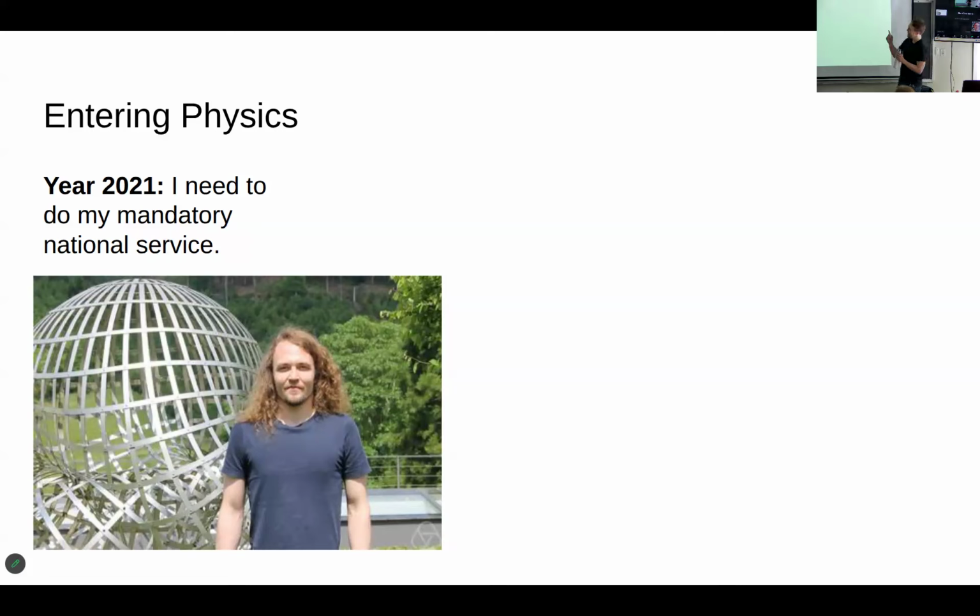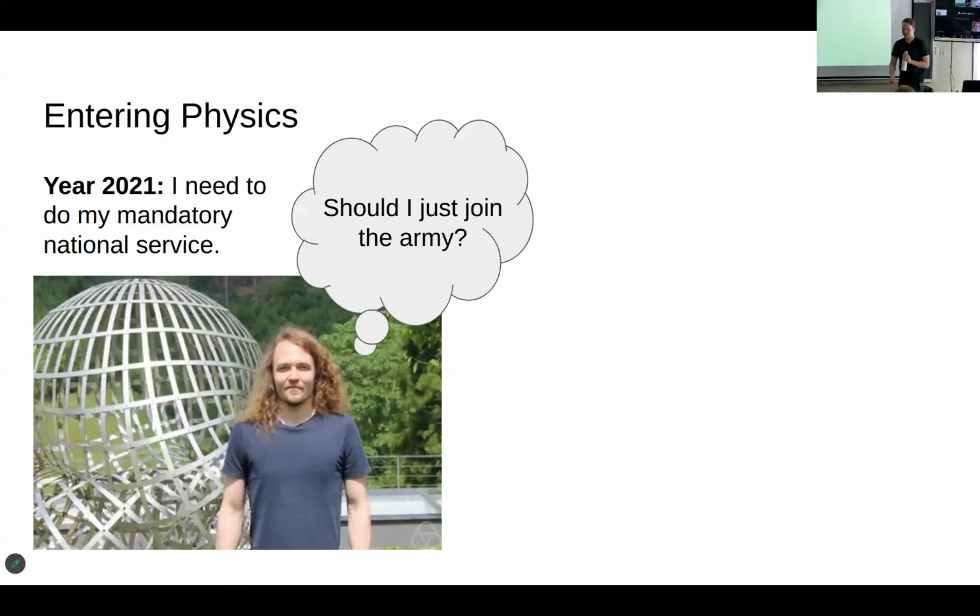So I had to solve that problem somehow. Of course, there's a standard way of doing it, joining the army. It's not too bad. It takes half a year usually. But fortunately, I managed to do something a little bit more interesting.